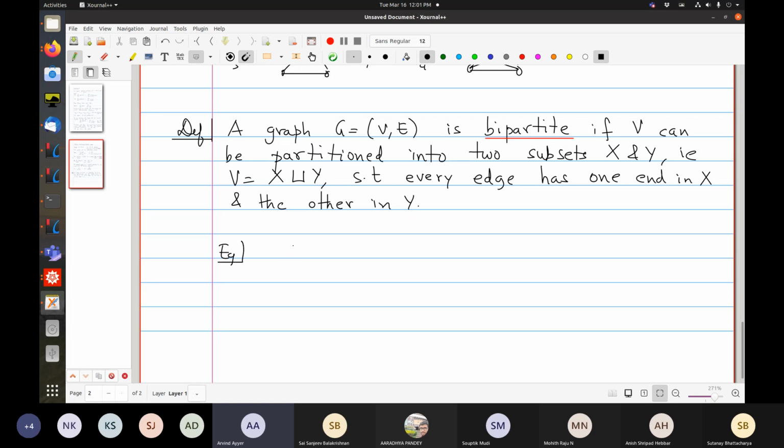So for pictorial purposes, it's often convenient to draw them in two rows. So this is, let's say, 1, 2, 3, 4, 5, 6, 7, and you can have something.